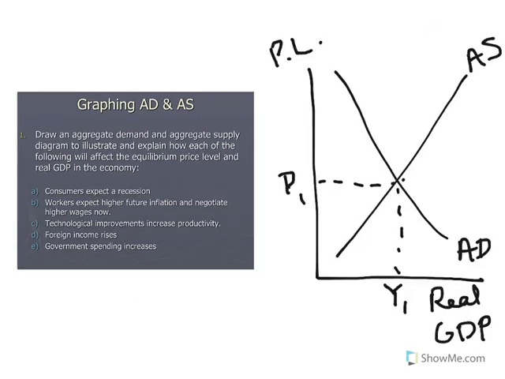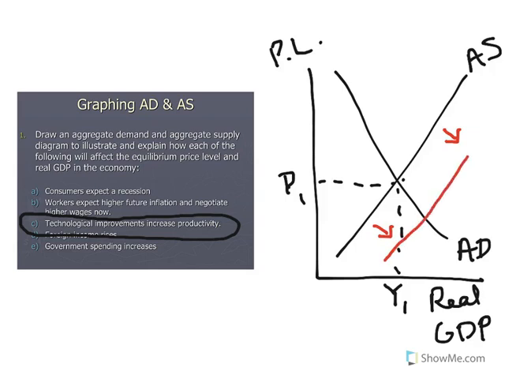The third scenario I have listed here is that it says technological improvements increase productivity. So again, remember that if there's new technology emerging and it's causing firms to become more productive, that's a non-price determinant of aggregate supply. So that would cause aggregate supply of goods and services to increase like so. So if that's occurring, then we should see an increase in real GDP.